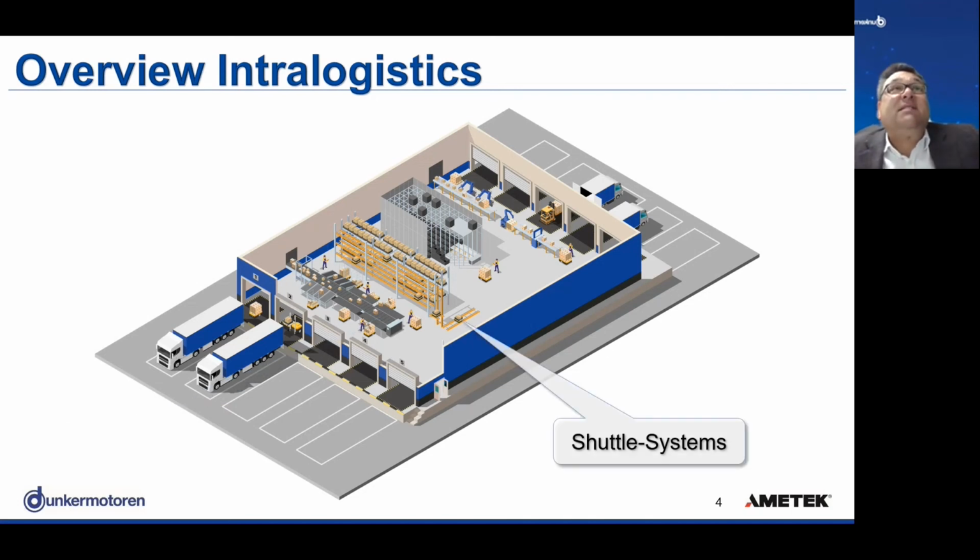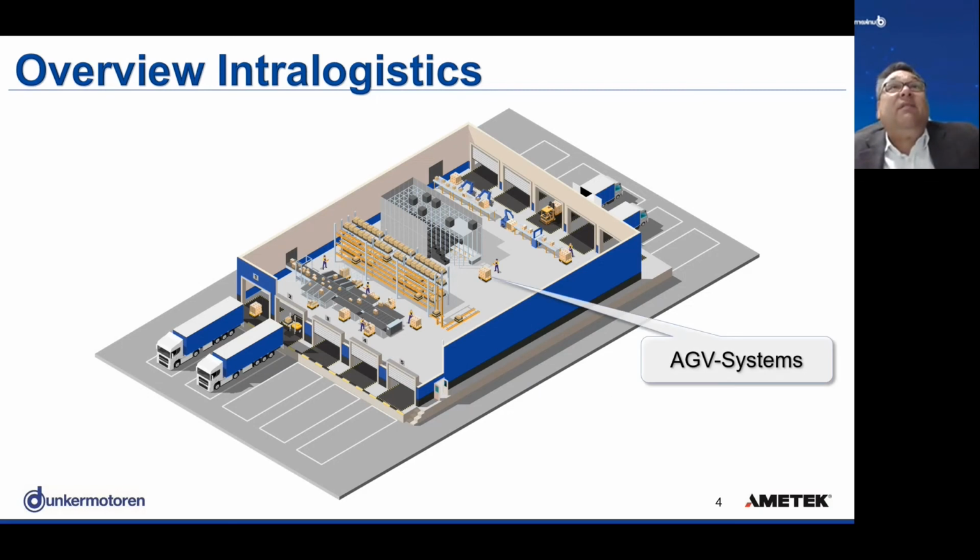Then there are shuttle systems in the vertical area. They handle trays or small boxes or even pallets and move them in the vertical area and in the storage on the horizontal.